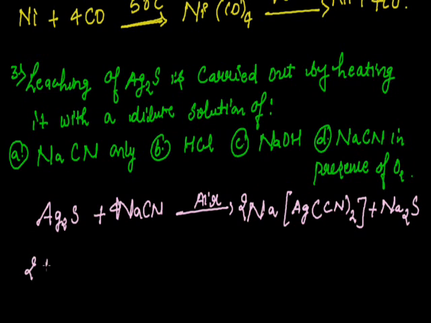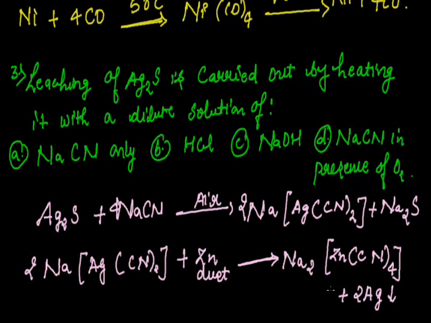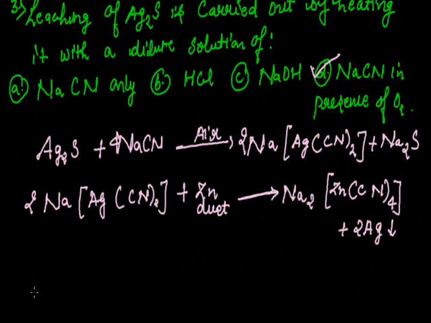This complex, Na[Ag(CN)2], plus zinc dust gives Na2[Zn(CN)4] plus 2Ag. So leaching of Ag2S is carried out in the presence of NaCN, but the most important thing is air, because the whole reaction is carried out in the presence of air. So the correct option is NaCN in the presence of O2, that is D.